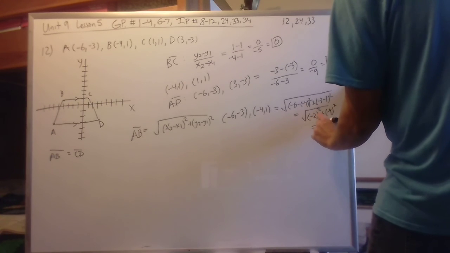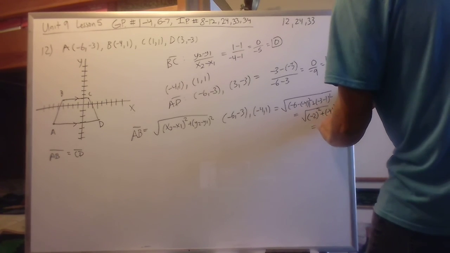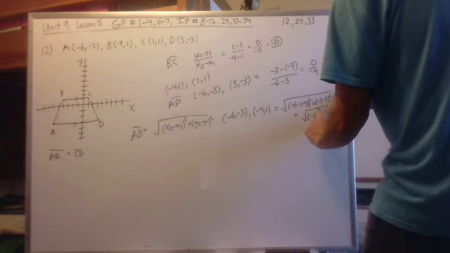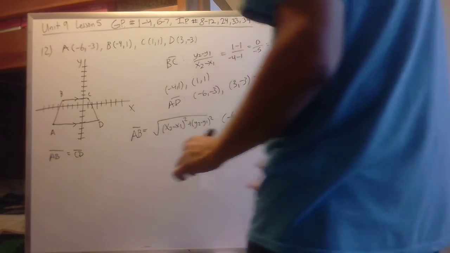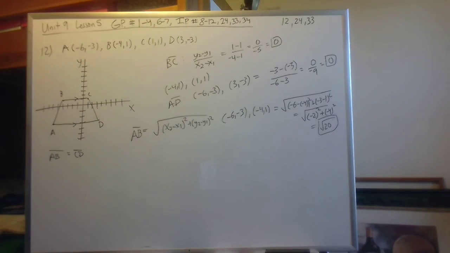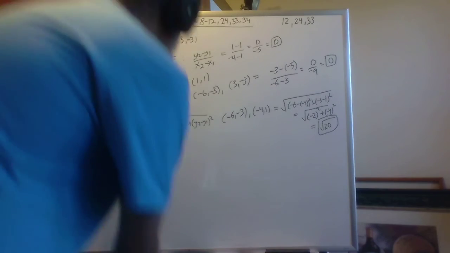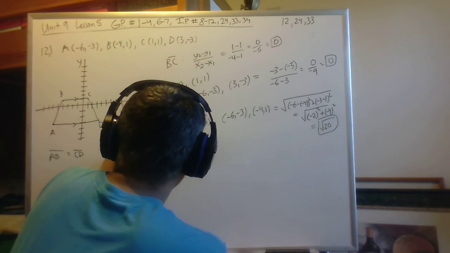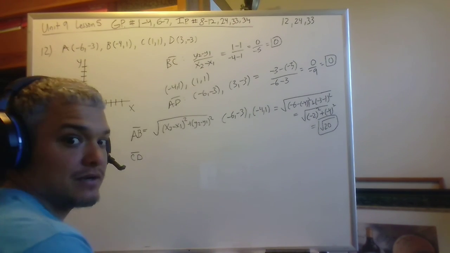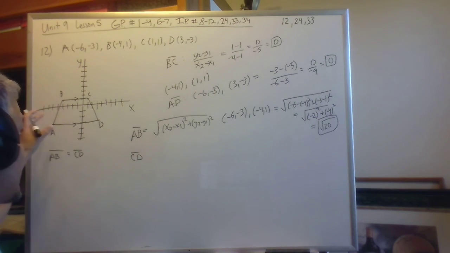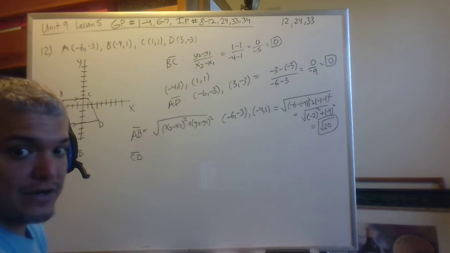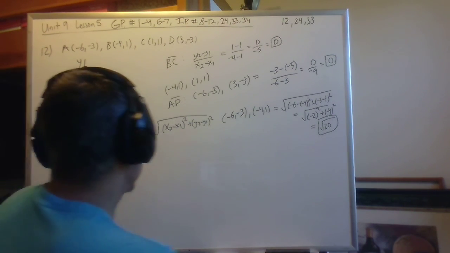So that's going to be 4 plus 16. So that's going to be the square root of 20. So if we figure out and have CD equaling the square root of 20, we know that by definition, since these two side lengths, AB and CD, are congruent, that it is an isosceles trapezoid.